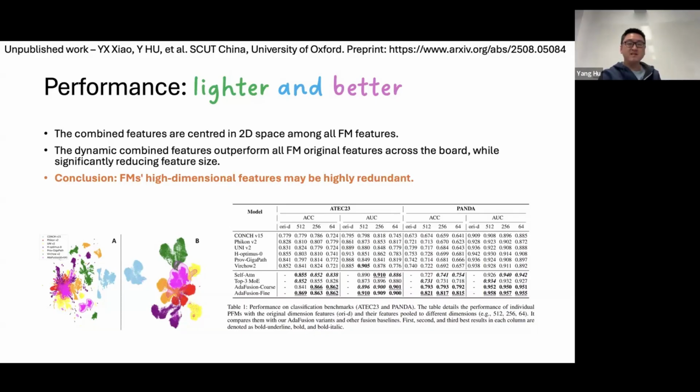Yeah. You see, at least in this table, we compress the feature into 512, 256, and 64 even. But we find that when we drop the dimension of the feature from this foundation model to 64, you can see that if we do not combine them, the performance is reduced significantly, right?